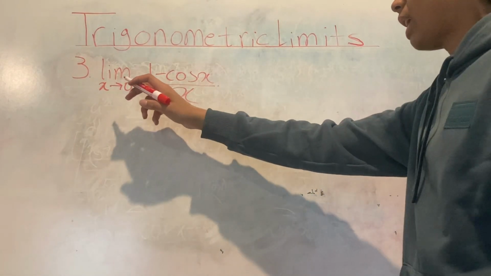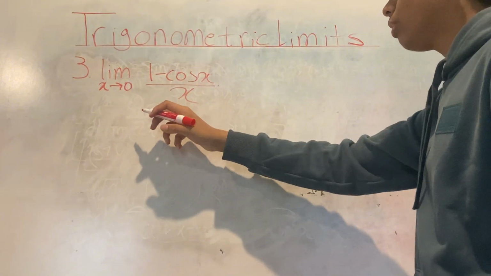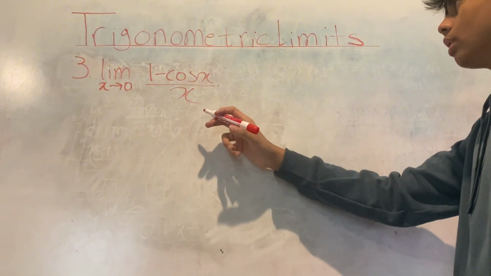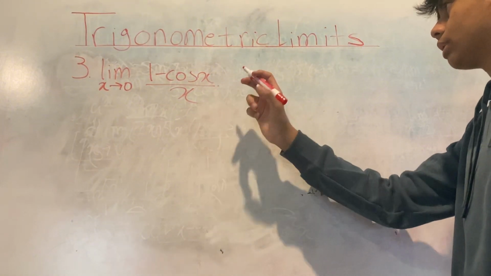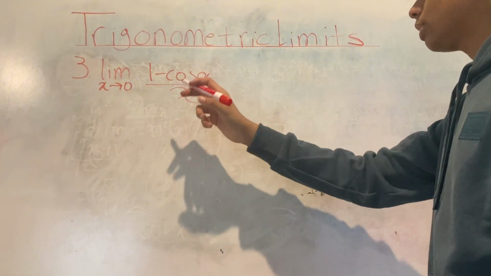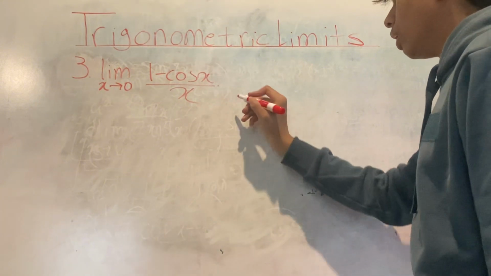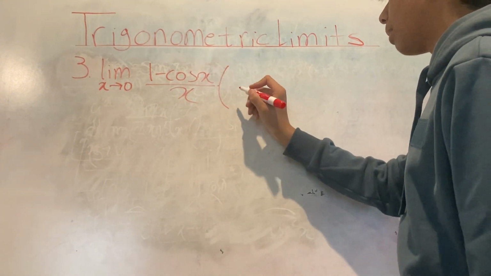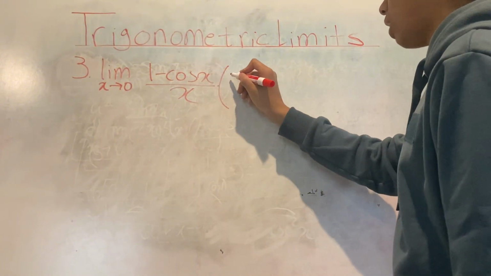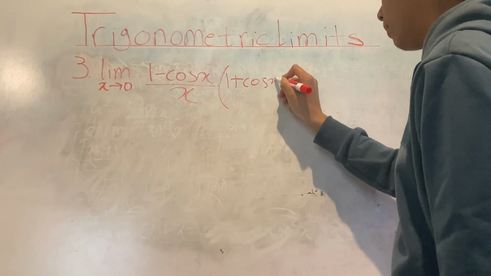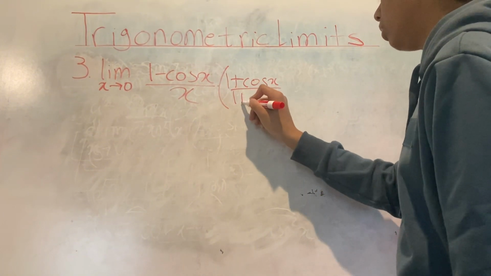Okay, so number 3, we have the limit as x approaches 0 of the function 1 minus cosine x over x. So this is another really common trig limit that you'll see when doing these types of problems. So the first thing I would do is I see that this is 1 minus cosine x in the numerator. So what I'm going to do is multiply the top and bottom by 1 plus cosine x.